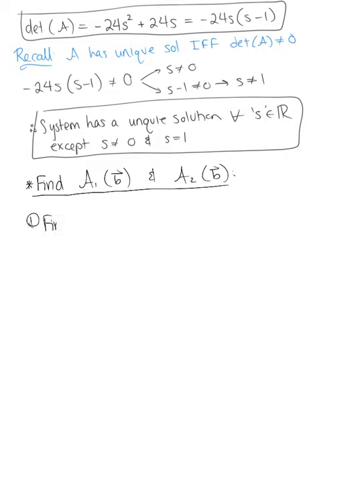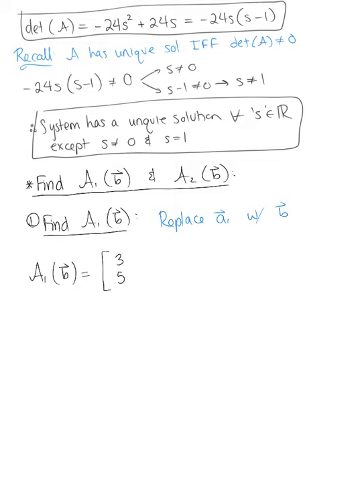So case 1 here, we want to find matrix A sub 1 of vector B, and we'll keep in mind that we find this matrix by replacing the first column of matrix A with vector B. So you can say matrix A sub 1 of vector B is equal to, replacing this first column vector with B, we have 3, 5, and then the second column vector is still negative 6S, negative 24S.